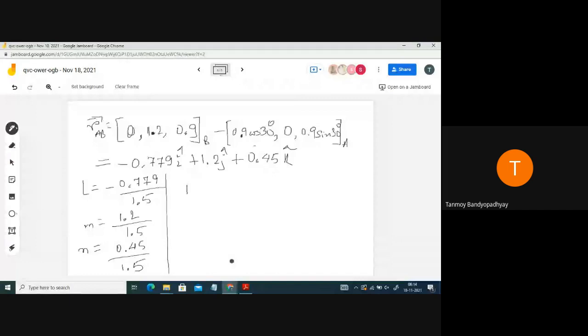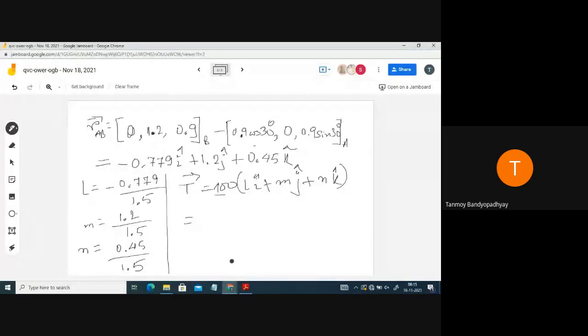So vector T is equal to 100 divided by the magnitude, times (l i cap plus m j cap plus n k cap).